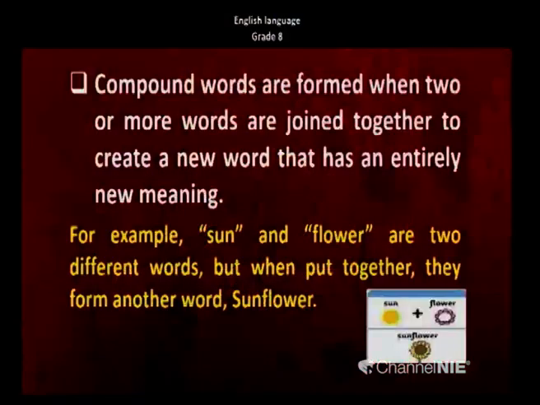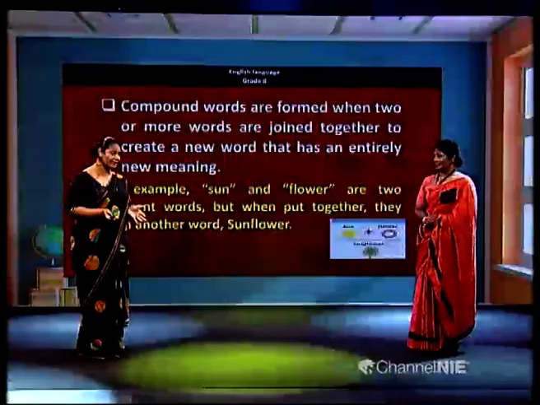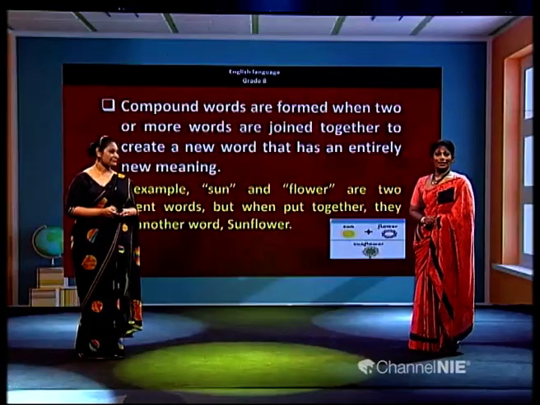Now we are going to talk more about compound nouns. Compound words are formed when two or more words are joined together to create a new word that has an entirely new meaning. Is it clear for the children? Yes, it would be clear for them.